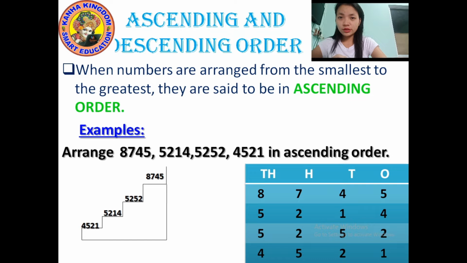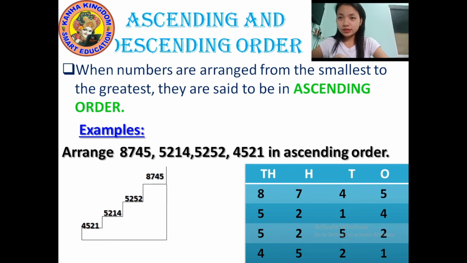See, I arrange the numbers from smallest to the greatest. The smallest number is 4521, and after 4521 the next smallest one is 5214, and after 5214 comes 5252, and the greatest one is 8745.